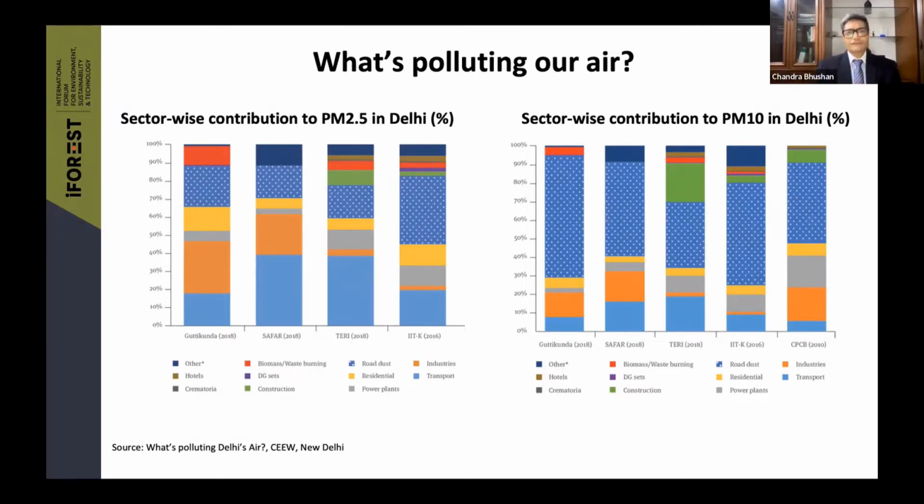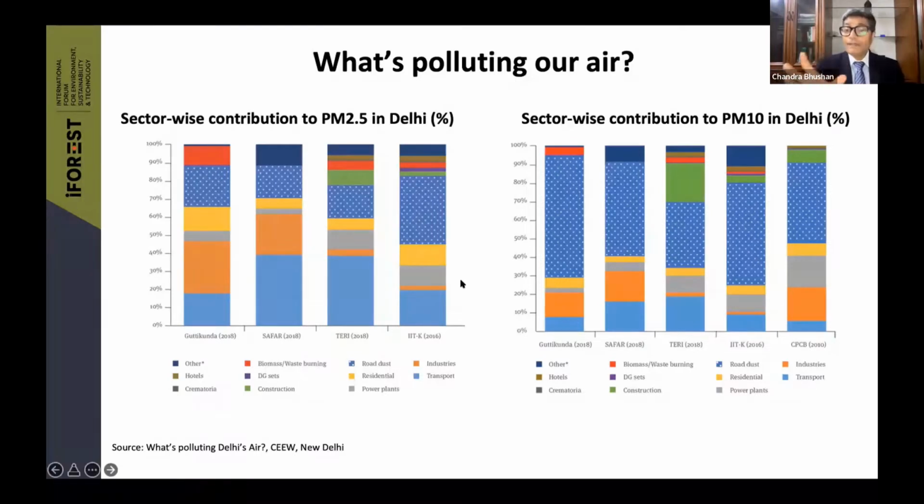If you see carefully, as far as PM 2.5 is concerned, the biggest source is dust, as you can see here in this blue dotted shade. And then there is transport, which is at the bottom. So as far as Delhi and PM 2.5 are concerned, the biggest contributors are dust and transport.